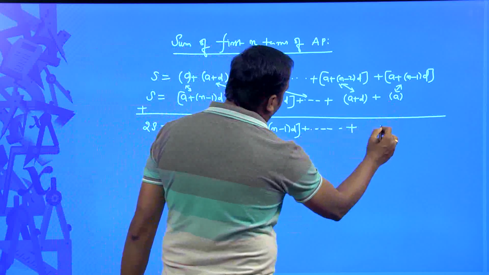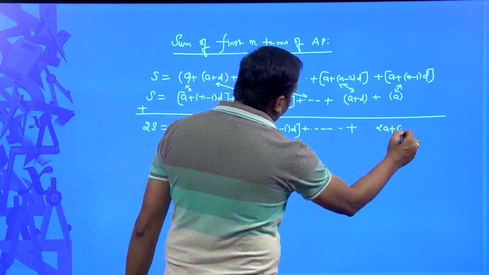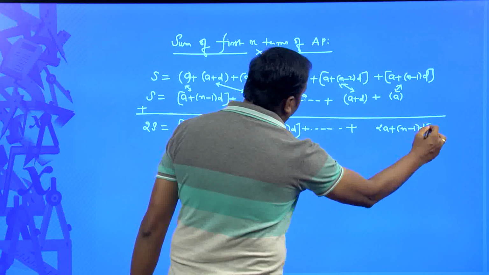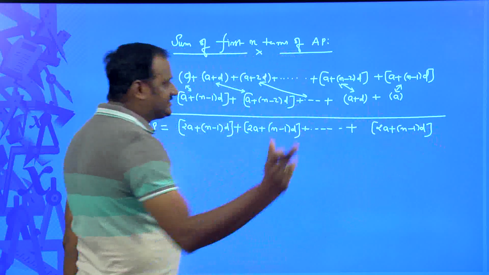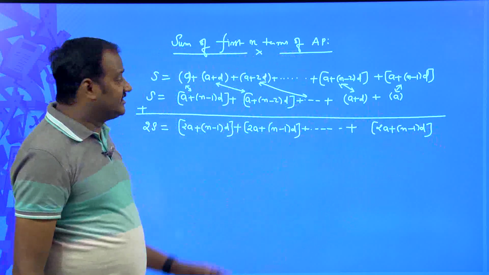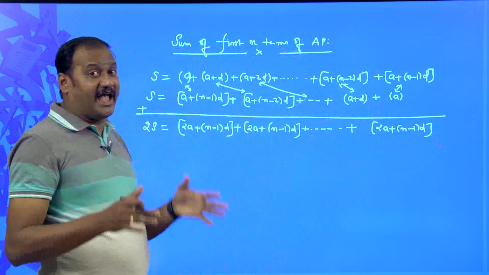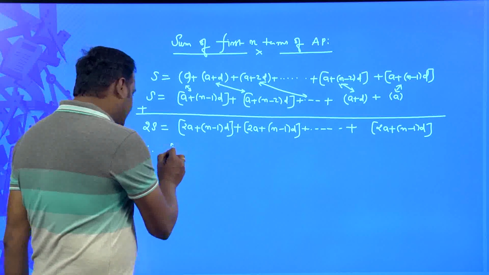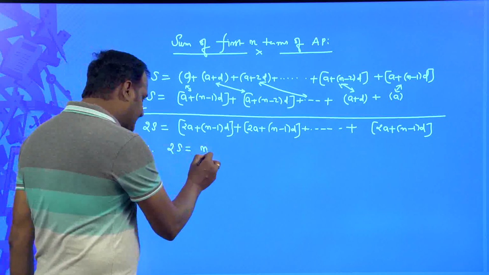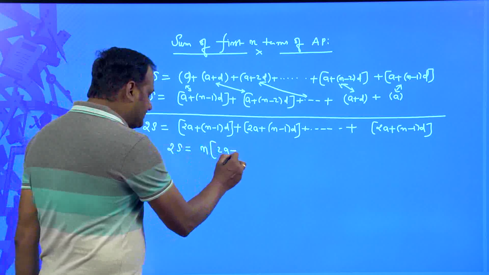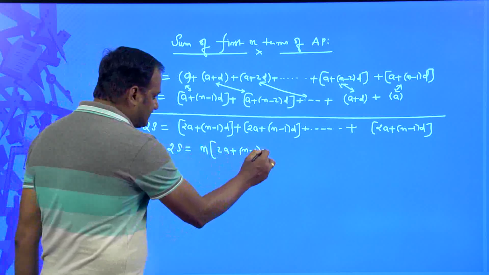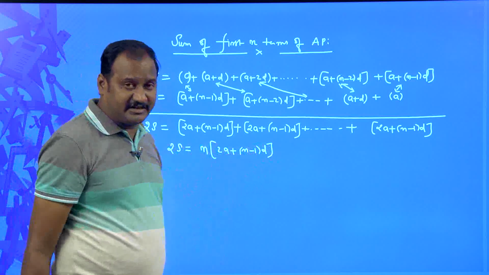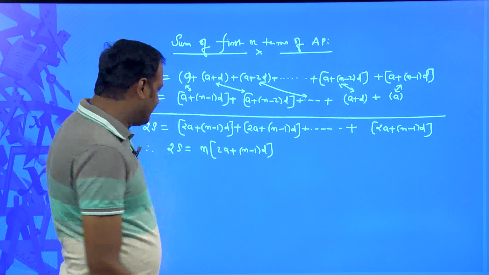Here also the last term is 2A plus n minus 1 into D. How many 2A plus n minus 1 into D's are there? Because we are adding n terms, we have n of them. So, therefore, 2S is going to be n times 2A plus n minus 1 into D, right. But we want Sn only.